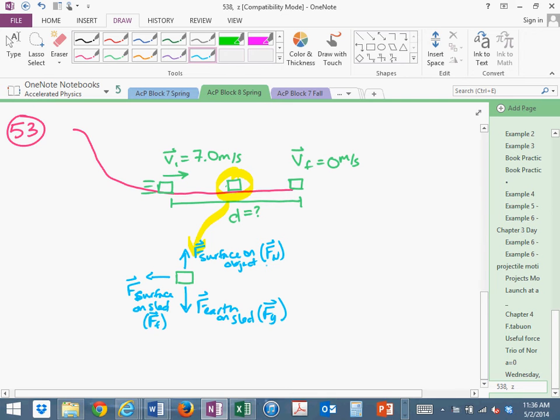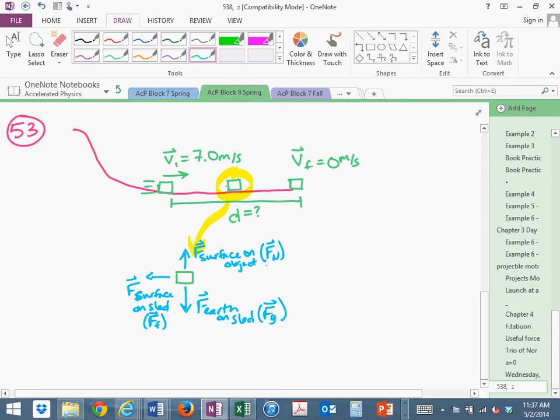No? How do these two forces compare? How does Fn compare to Fg? They're equal. How do you know? She's not accelerating up and down, right? So that means that you can find Fn pretty easily, right? Because you know Fg. Is that true? Yeah? Okay. What is the net force in the x direction? Is there any net force in the x direction?